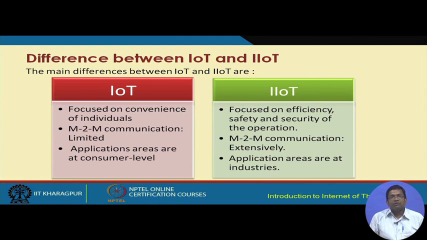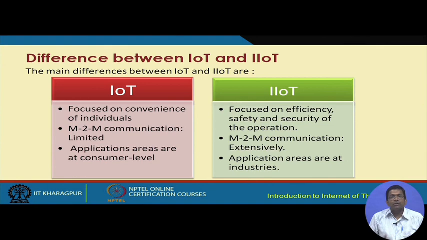In terms of machine to machine communication, which I already spoke about earlier, IoT definitely uses machine to machine communication, but it is not very exclusive. The use of machine to machine communication in IoT is limited, whereas IIoT extensively uses it. The whole industrial operation in a plant is automated.